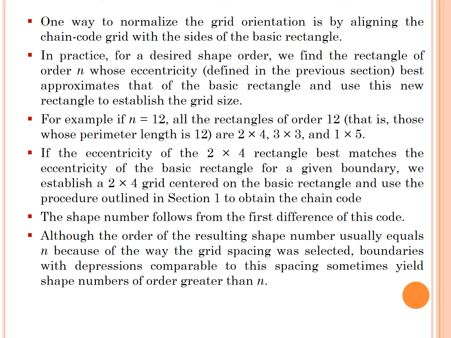The shape number follows from the first difference of this code. Although the order of the resulting shape number usually equals n because of the way the grid spacing was selected, boundaries with depressions comparable to the spacing sometimes yield shape numbers of order greater than n.